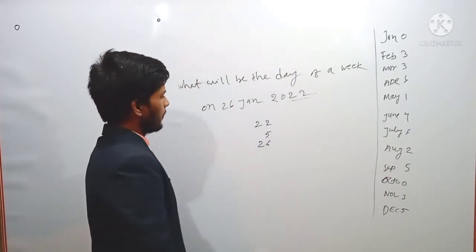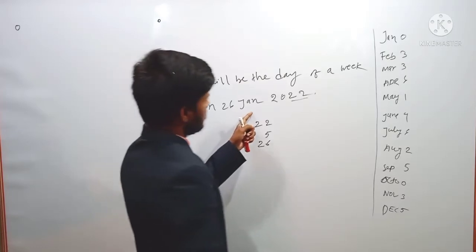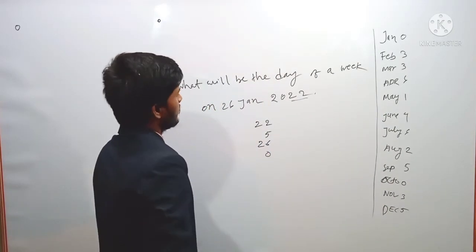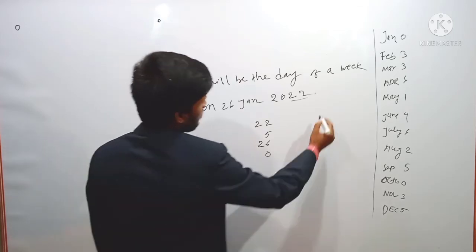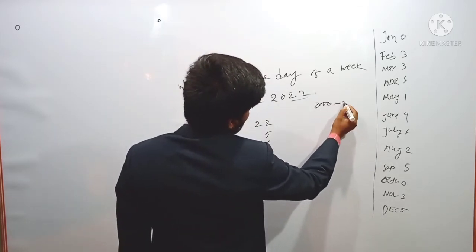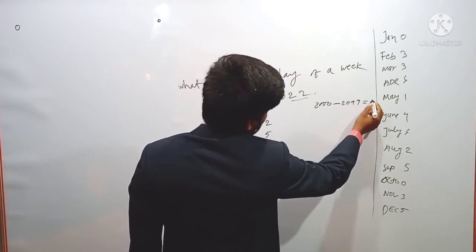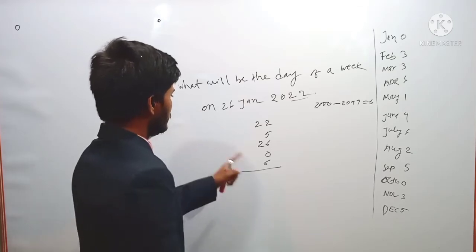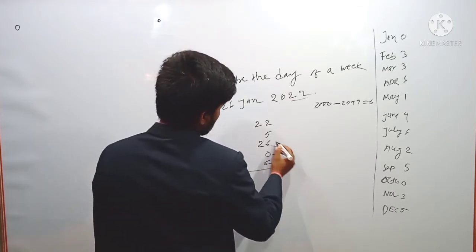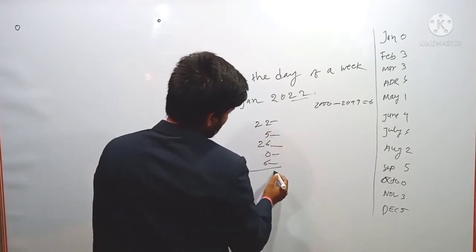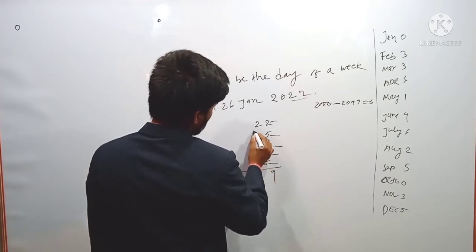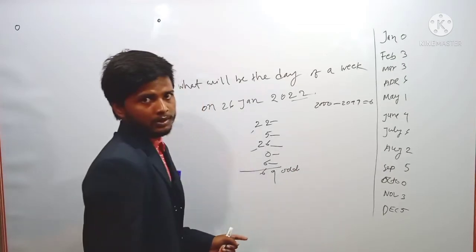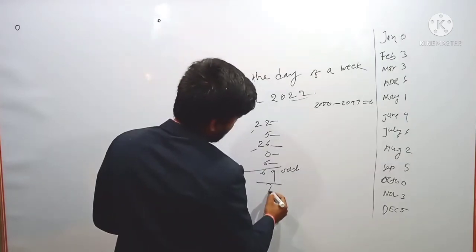This is a code. Okay, then the month code is January. If it is January, the month code will be 0, and the year code for 2000 to 2099 is 6. Then if we add it, we get 69 odd days, then we simply divide it by 7.